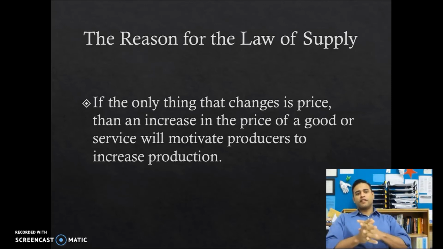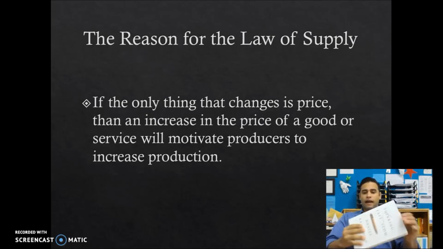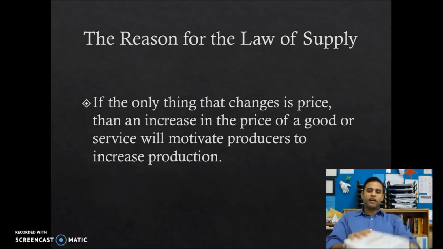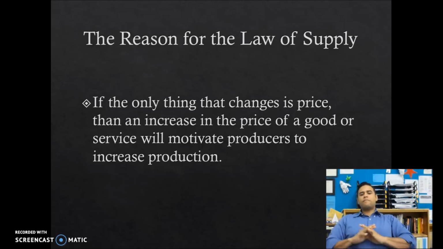Now, the point here is this. What changed? The price. In my mind, it started off, I was assuming, at around $50, and I had no ambitions of making one of these. But when the price went up, I, as a potential supplier, decided, you know what? I might enter that marketplace. I may go ahead and start selling. I become a competitor.